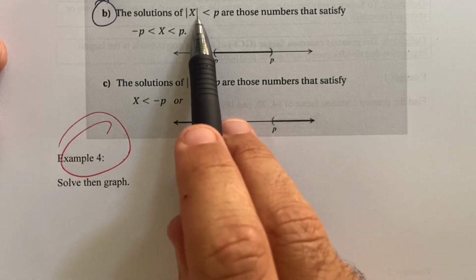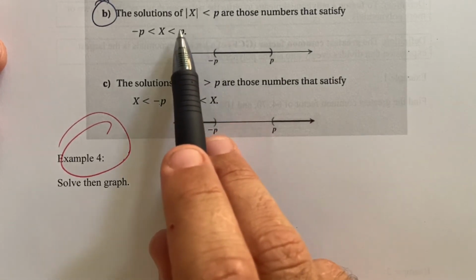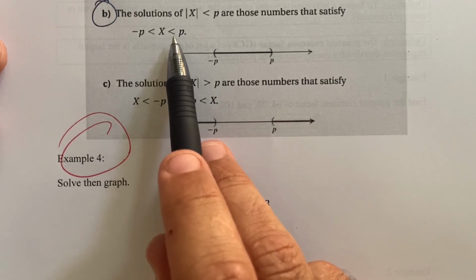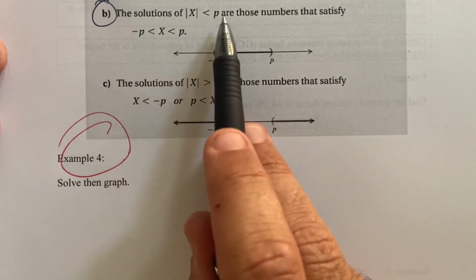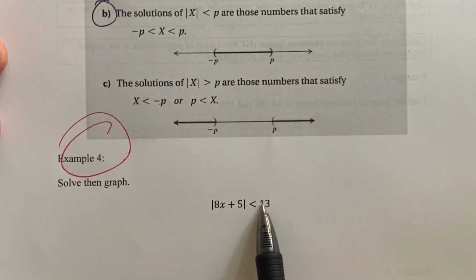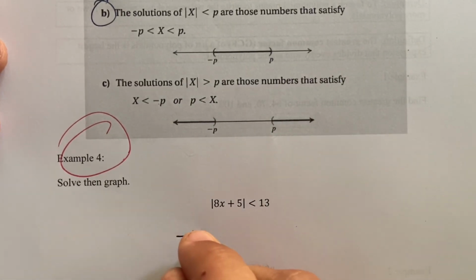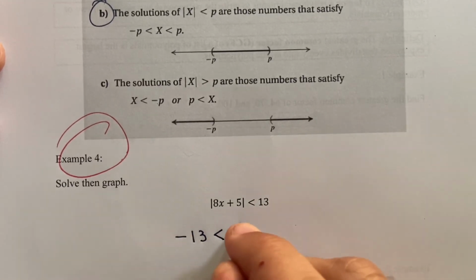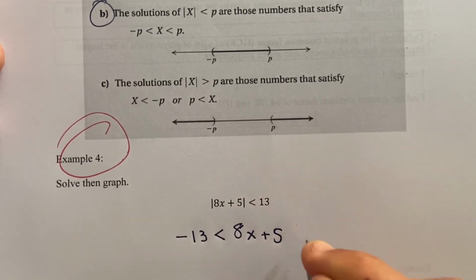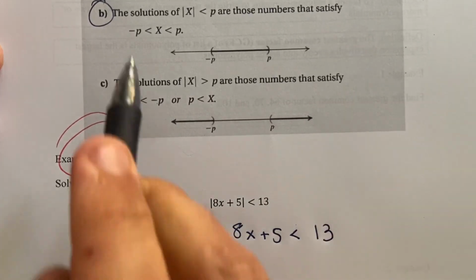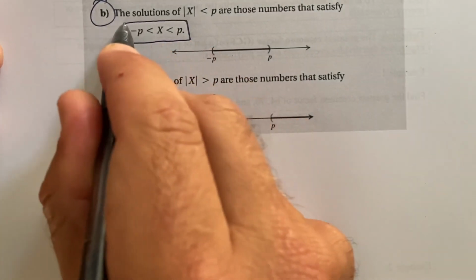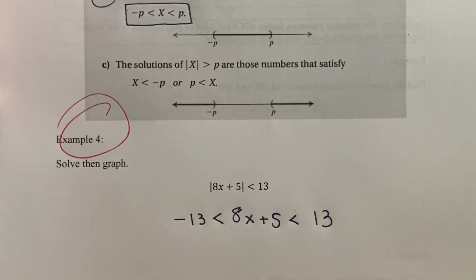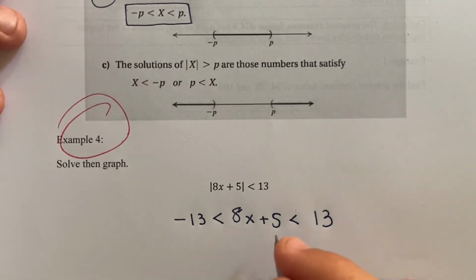What it says is that this absolute value inequality is completely the same as this compound inequality. So instead of just 13 like I have here, I'll have negative 13 less than 8x plus 5 less than 13. Something you can do is just leave it as is.